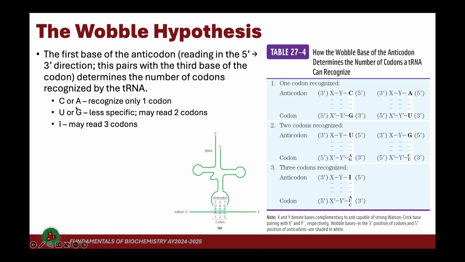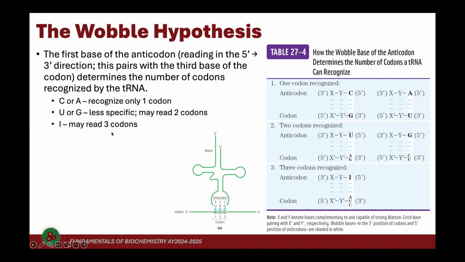So, for example, if the first base of the anticodon is a C or an A, it will only recognize one codon, meaning it should follow the Watson-Crick base pairing. So it means you have a G as the third nucleotide of your codon if it's a C in the tRNA, and there should be a U as the third nucleotide of your codon if it's an A in the anticodon.